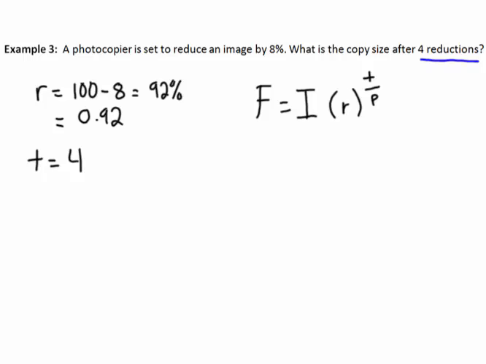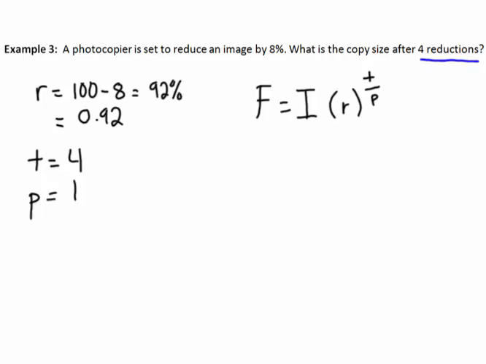And the P, the period for one reduction, and this is what's unique about questions like this, is each time we do a reduction, we would just consider that one period. So if 4 reductions have occurred, the period is 1. And if you think about the photocopier, every time you push the button would be considered a period.